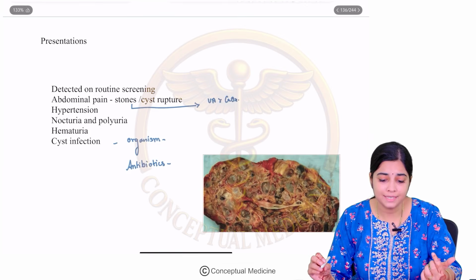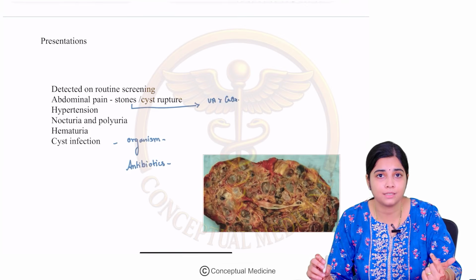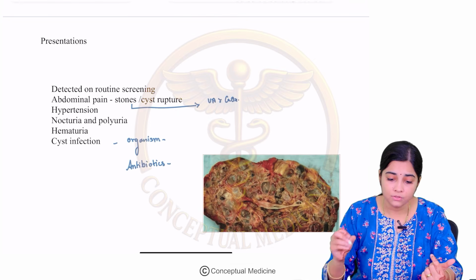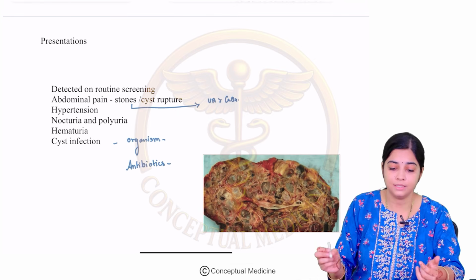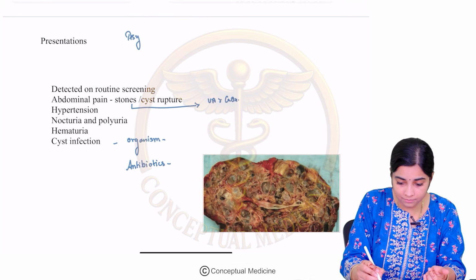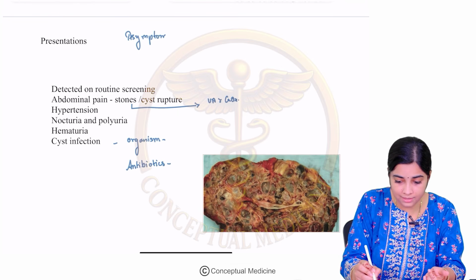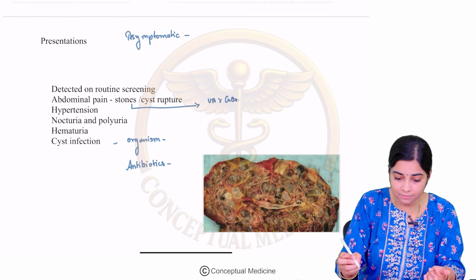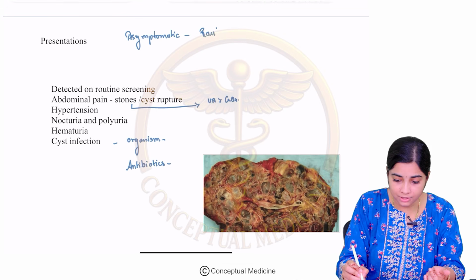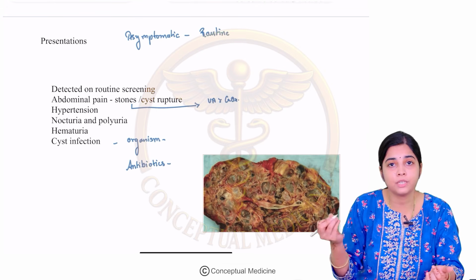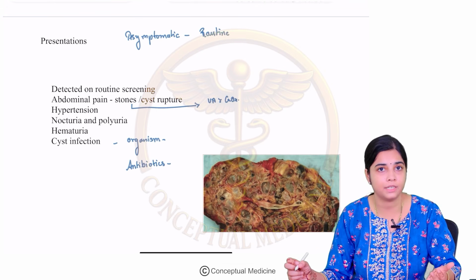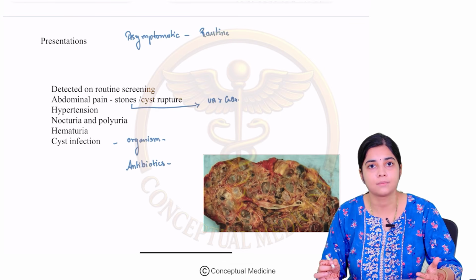Now what are the various presentations with which polycystic kidney disease can present? Most of the time it is asymptomatic and it is picked up on routine examination. Somebody has gone for a routine checkup, they do an ultrasound and find polycystic kidney disease.